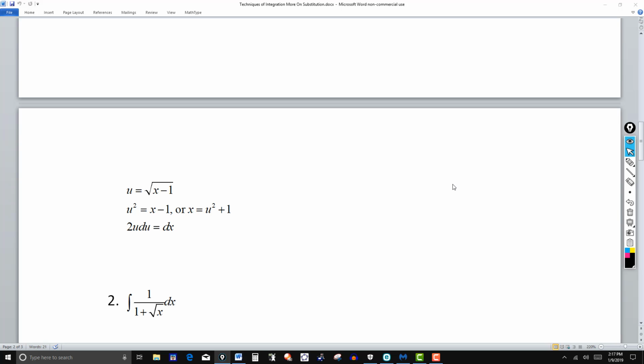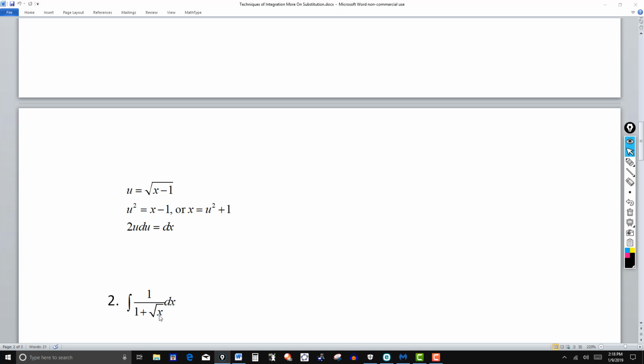We have the integral of 1 over 1 plus radical x dx. So again, you don't see the derivative of, say, g of x in this case, okay? But this is kind of similar to the first one. It's possible that you could let u equal to 1 plus radical x.